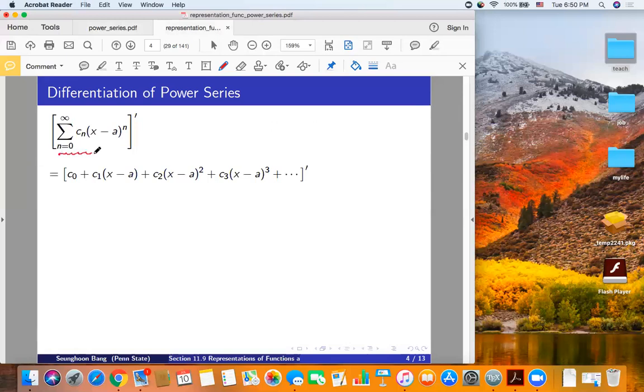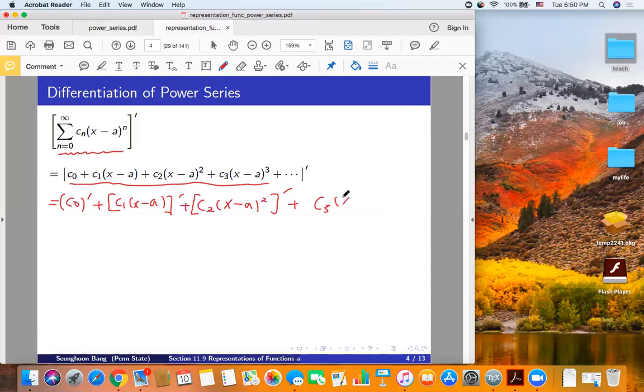The inside is exactly the same as c0 plus c1 times x minus a plus c2 times x minus a squared plus c3 times x minus a cubed and so on. So this is exactly the derivative of c0 plus c1 times the derivative of x minus a, plus c2 times the derivative of x minus a squared, plus c3 times the derivative of x minus a cubed, and so on. What is the derivative of c0? Do you know it?